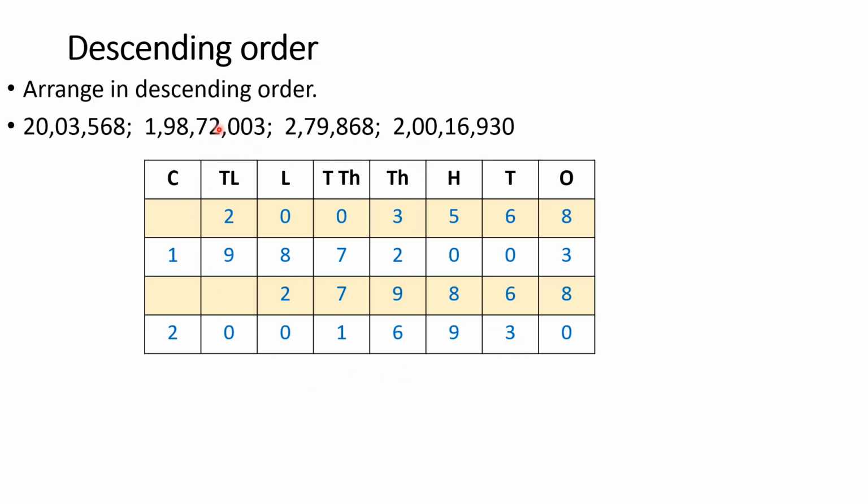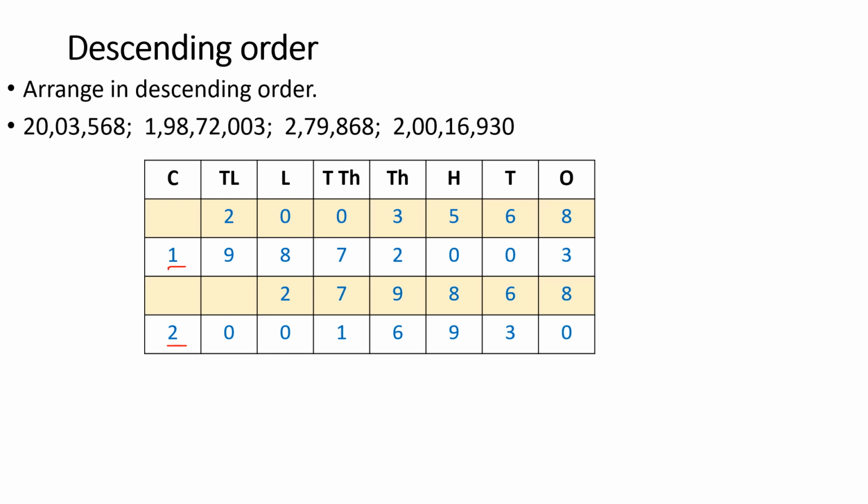Now, in descending order, we know that at first we will find out the largest one. So how we will find out the largest one? Just see here, according to the number of digits, like how many digits these two numerals have.